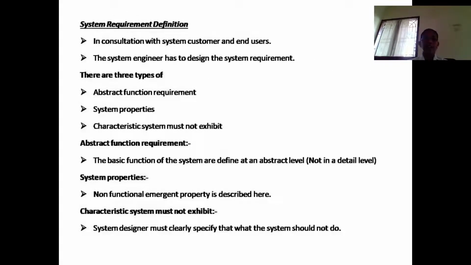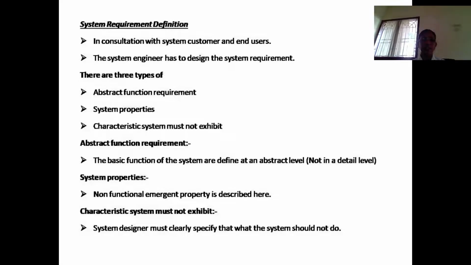Now I will explain briefly the activities involved in system engineering. First of all, system requirement definition. Here, in consultation with the system customer and the end users, there are three types: abstract functional requirement, system property, and characteristics the system must not exhibit.